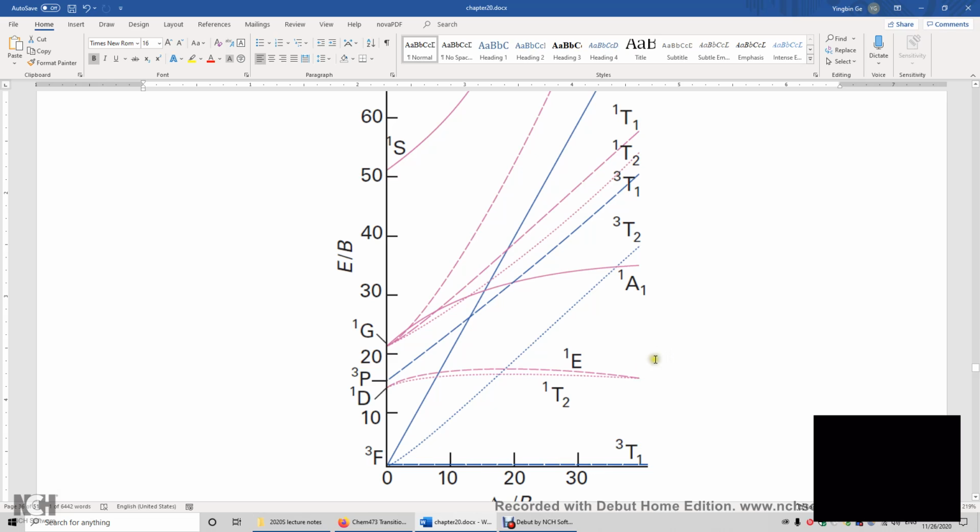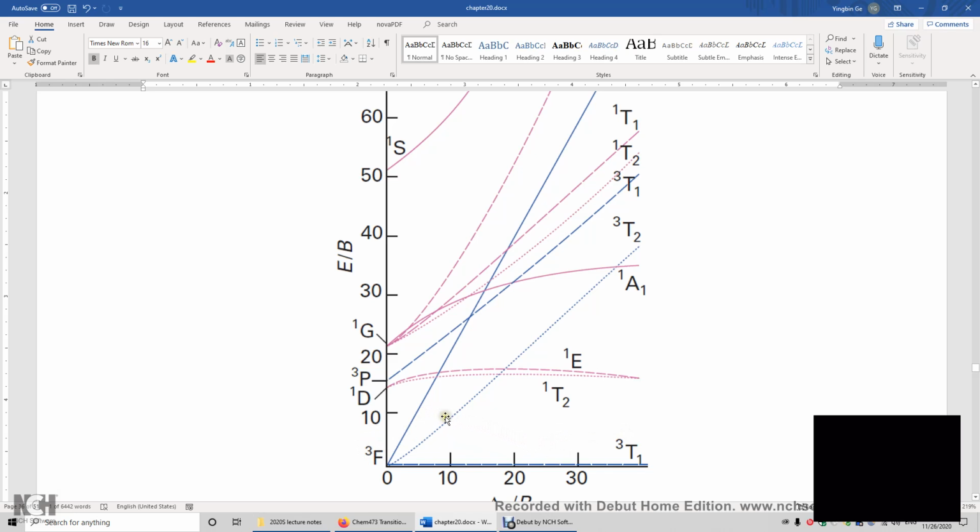Now let's look at 3P. Again, the 3F to 3P transition is allowed. So it's possible to observe the electronic transition from 3F to 3P for a free transition metal ion. Now, if we put this transition metal center in an octahedral environment, again, this 3F splits.